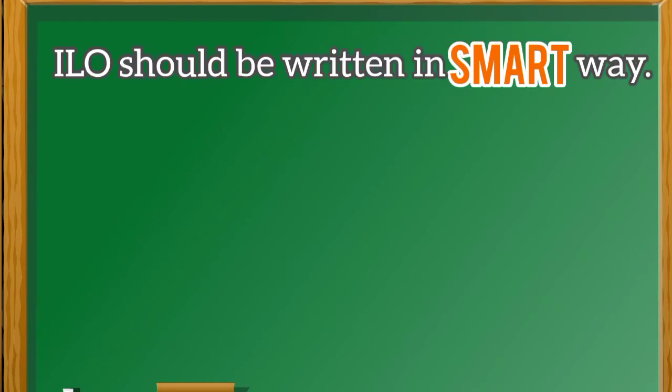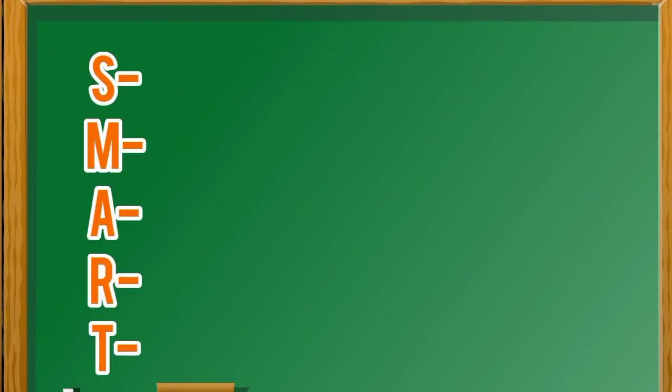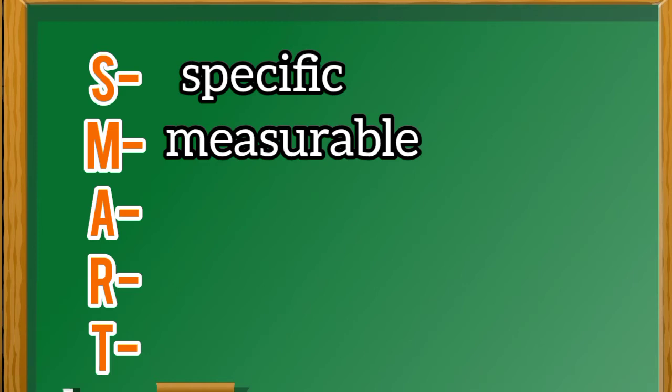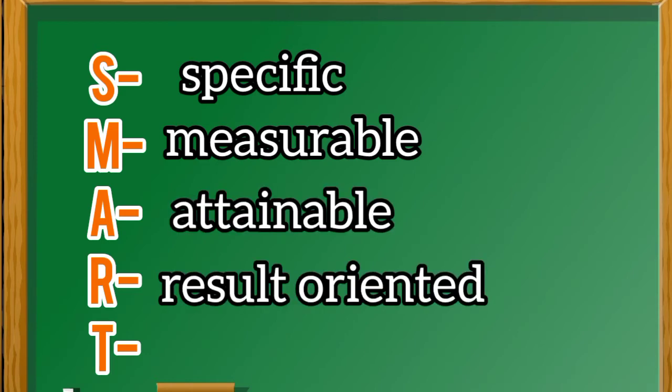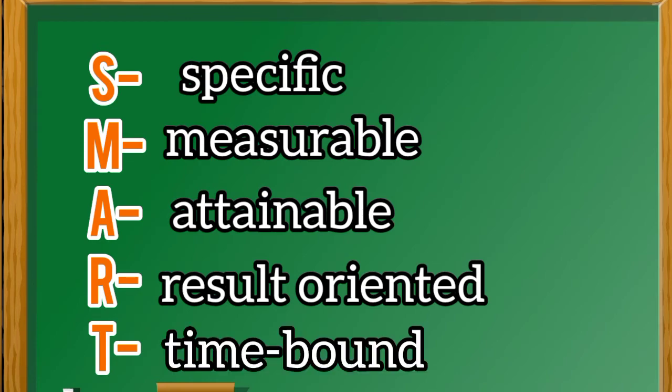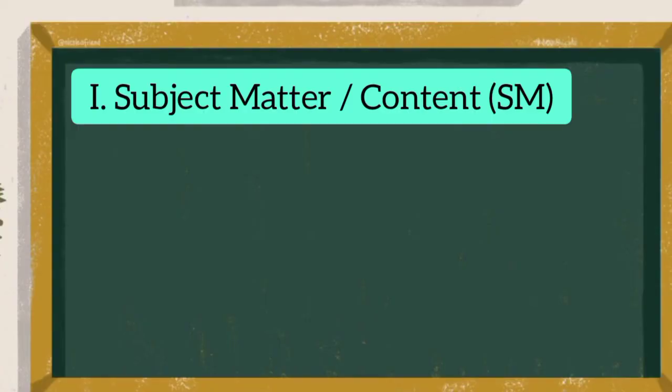Intended learning outcomes, or ILO, should be written in a SMART way. SMART stands for specific, measurable, attainable, result-oriented, or the outcomes, and time-bound. So, we will now come first to the subject matter or content.